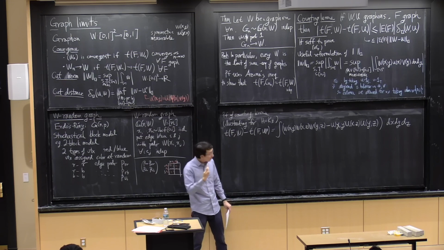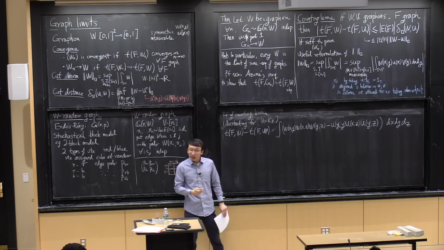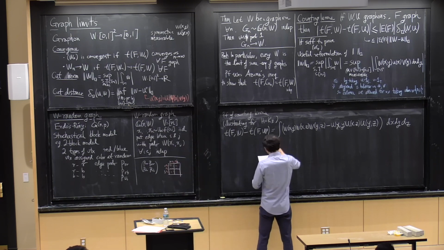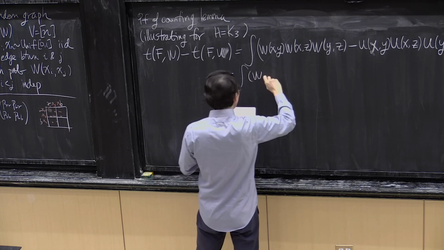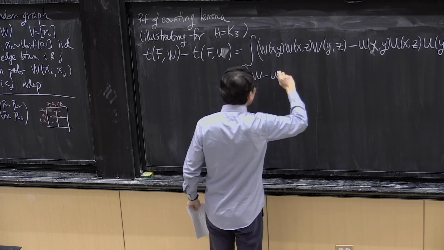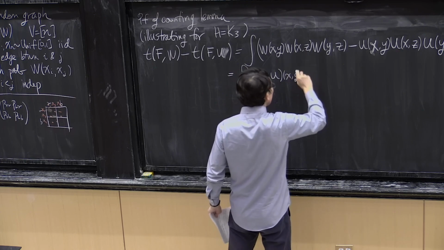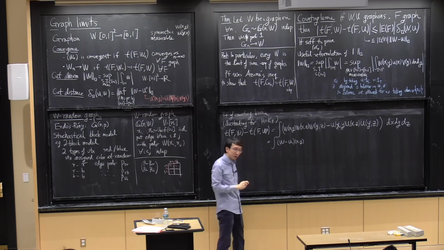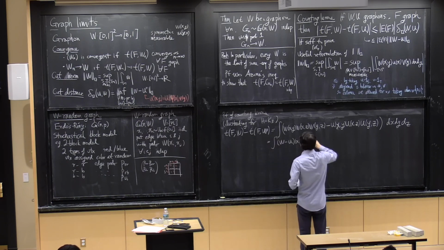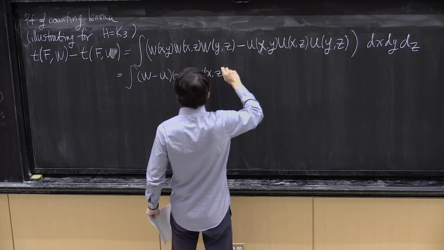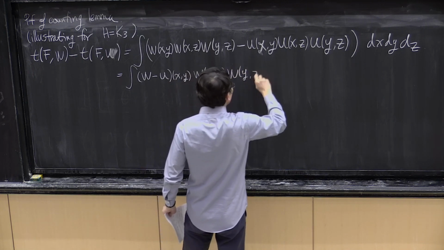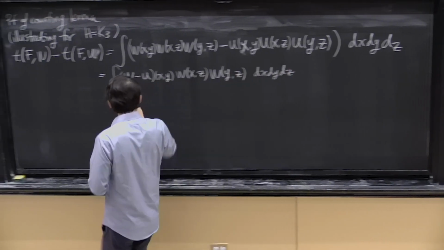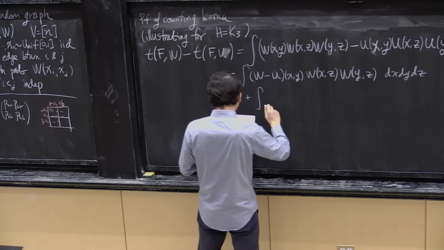So let's write this integral as a telescoping sum, where the first term is obtained by, I mean W of x, y minus U of x, y, and then the second term of the telescoping sum.